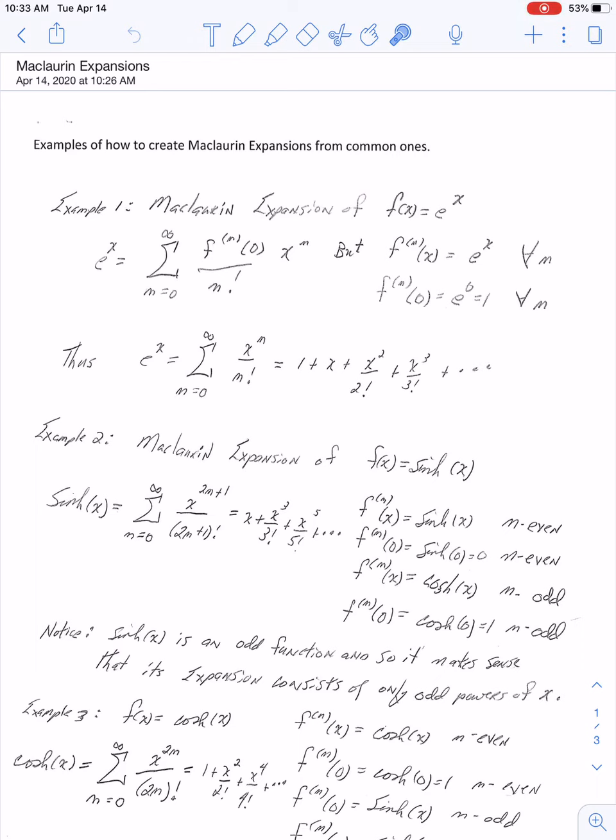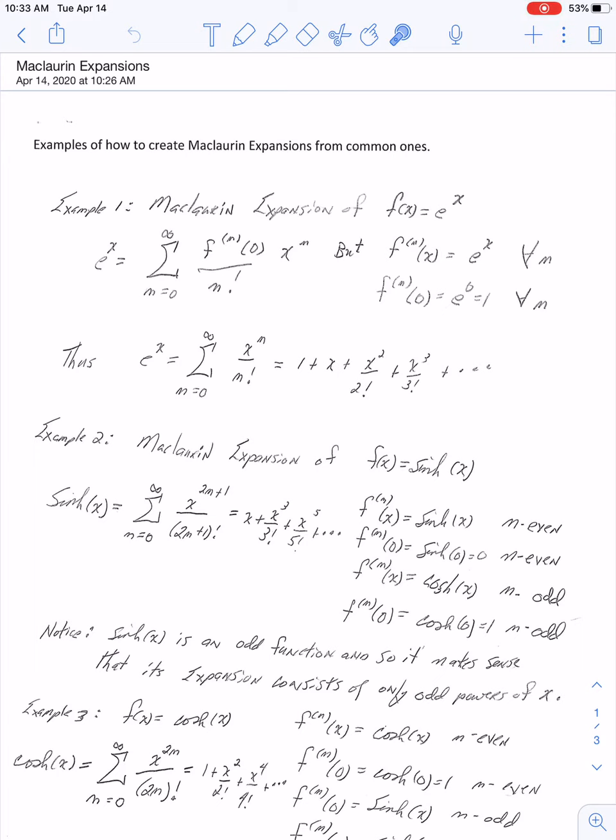All right, so how can I write that? Sinh of x then is n running from 0 to infinity of, okay, if I want to skip every other one and only write the odd ones, I can do it like this: 2n plus 1. So when n is 0, I get 1. When n is 1, I get 3.